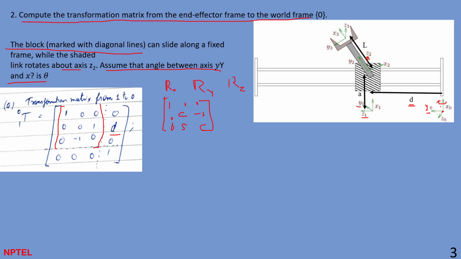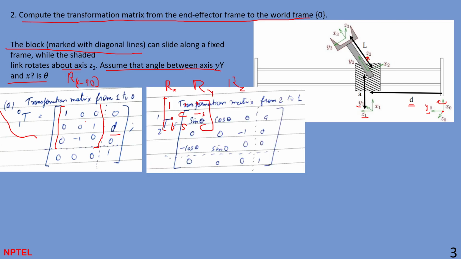So it's a minus 90 degree rotation. Rx of minus 90 degrees: when you put in sine 90 degree, minus sine 90 degree, it will be 1, and cos minus 90 degree is 0. Then sine minus 90 degree is minus 1. In this way, you will get A, right? And then come.